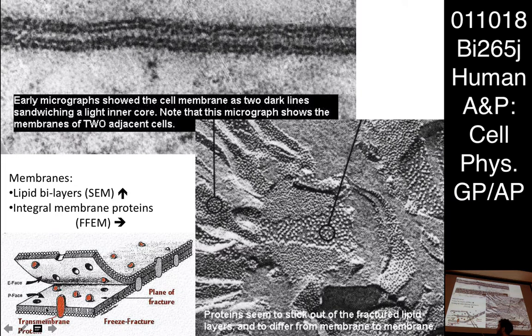Good. Embedded in the lipid bilayer are these transmembrane proteins. And how do we know that? Well, here's one of the earliest freeze fracture micrographs where they just took a tissue sample, stuck it in minus 80 degree liquid nitrogen, and then smacked it with a hammer.